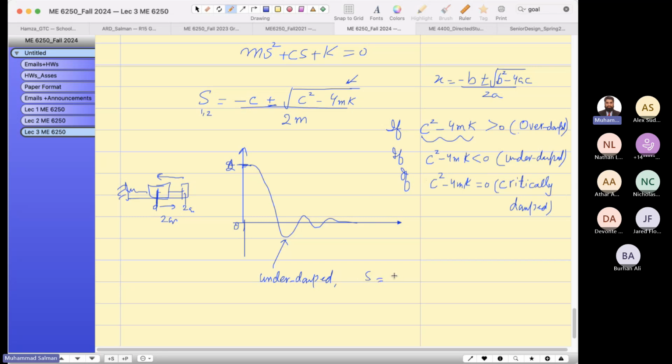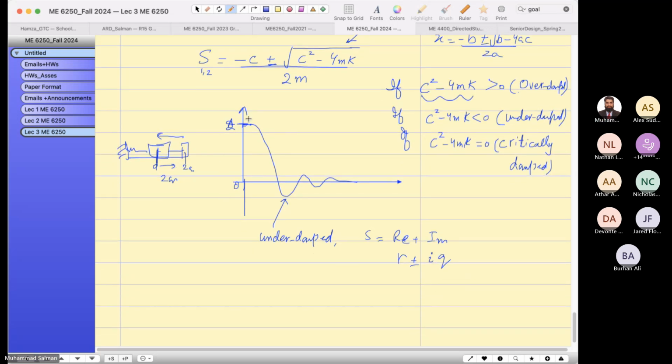So s has complex roots, like a real plus imaginary part. Or in our book, they have written it as a complex conjugate, in terms of a real part, letter R, plus minus imaginary times Q. Now there is another case: if you leave this mass here and it comes slowly to the mean position, it does not oscillate.